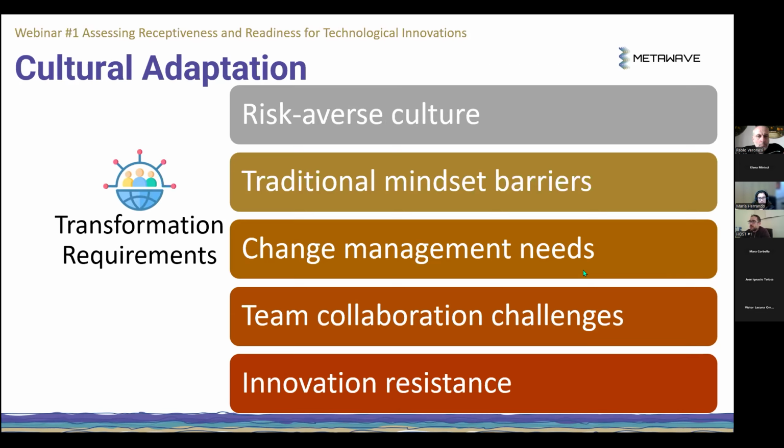So this leads to, let's say, a risk-averse culture that needs to be addressed by the project managers and the ones leading these teams. And this has to be kept in mind in order to overcome the traditional mindset barriers and introduce new and meaningful technologies and novelties within the line of work.